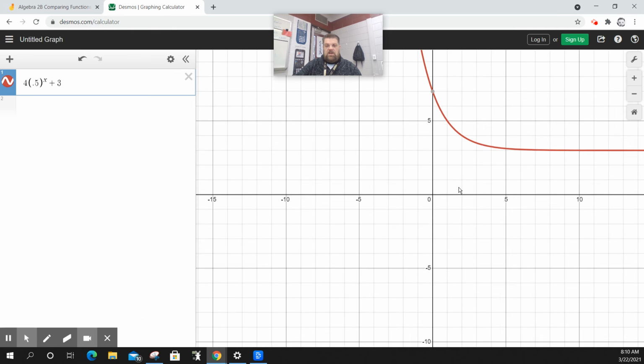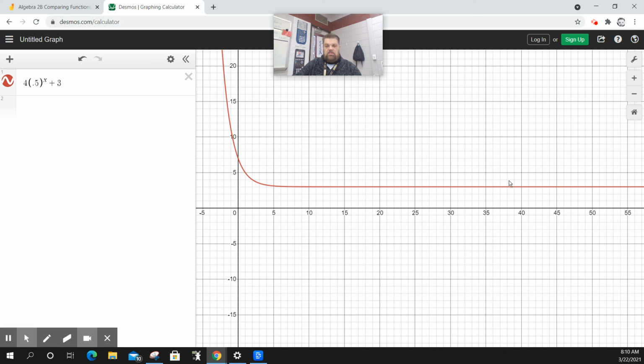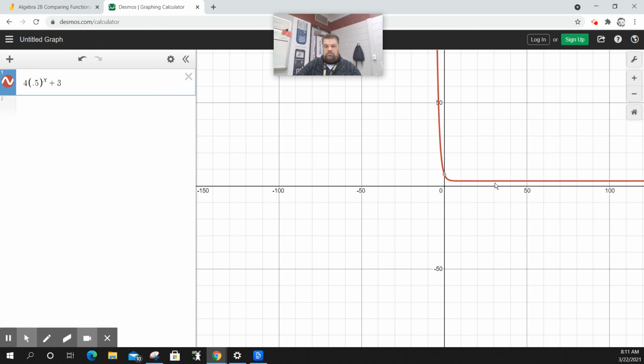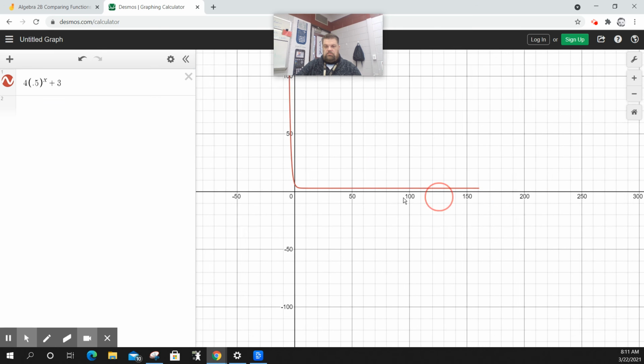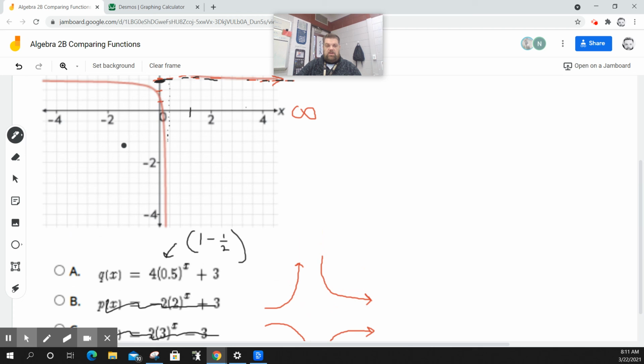So now if I zoom out on this, when we talk about going to infinity, we're talking about what this thing does as we keep going on and on and on. I'm going to point on this and try to get a value. That seems to point towards 3. So that asymptote appears to point to 3.